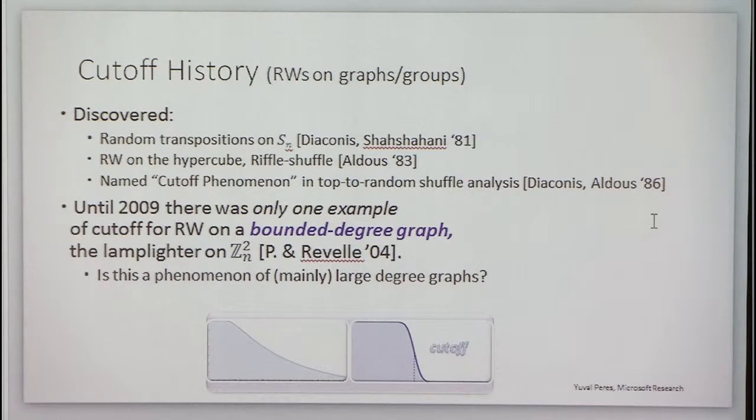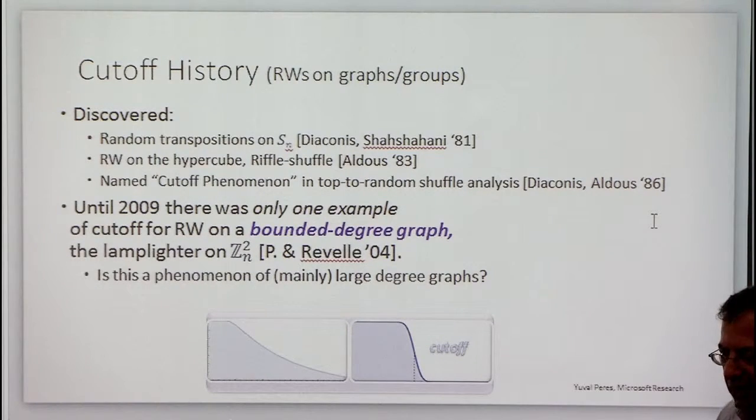The upper bound was obtained by using Cauchy-Schwarz. You bounded L1 by L2. The L1 distance is essentially twice the total variation. And then in examples where you understand the spectrum, you can compute the L2 norm of the density. So that was the general scheme.